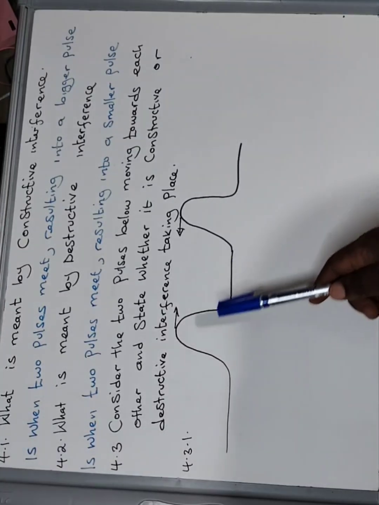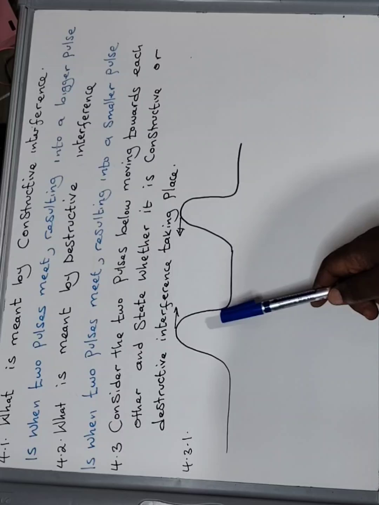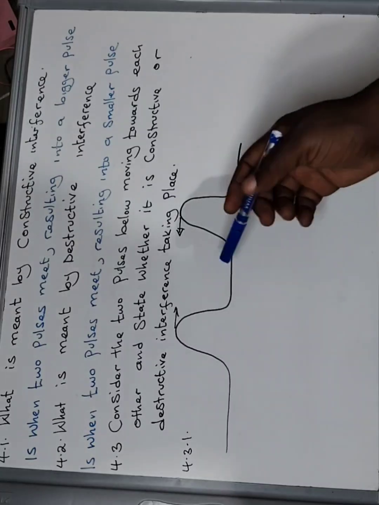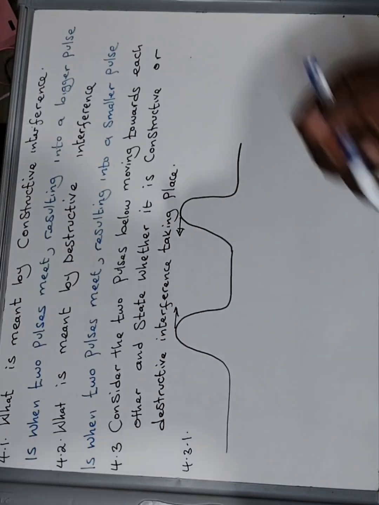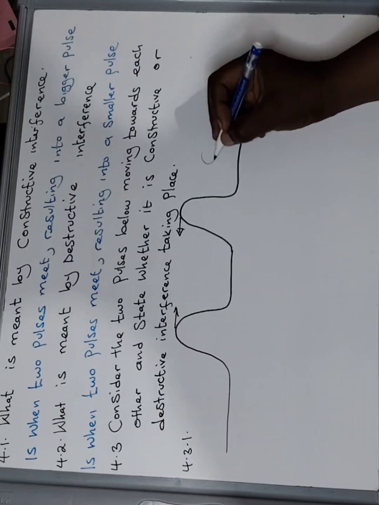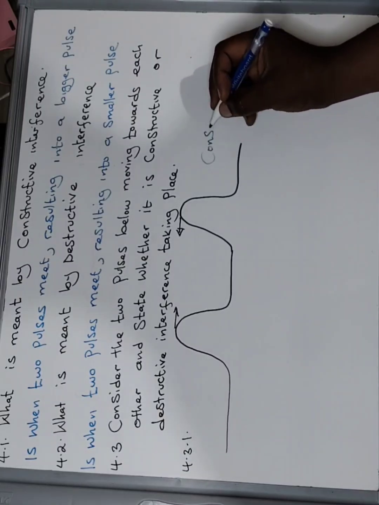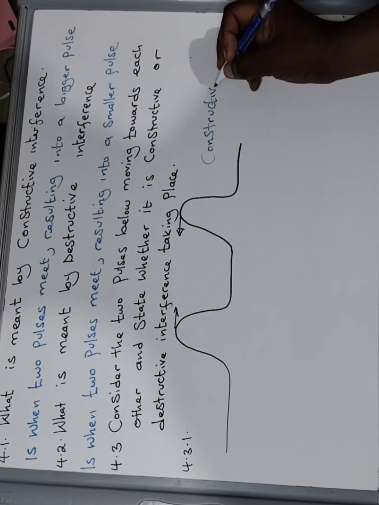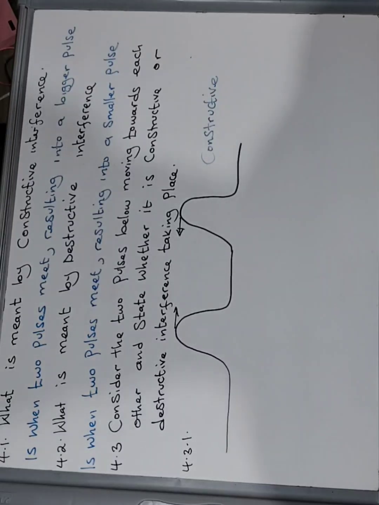So here what we are going to see is that this is going to meet with this one and both are positive on assumption that upward is positive. So what are we going to get here? A bigger amplitude. So it is going to be what? Constructive. Okay. Let's look at the next one.